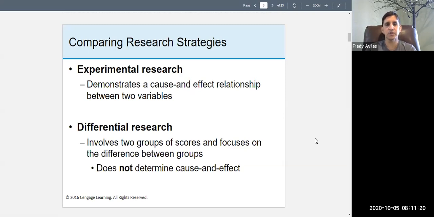And differential research is when you have two groups of scores and you focus on the difference between those two groups, okay? So differential research doesn't really determine cause and effect.